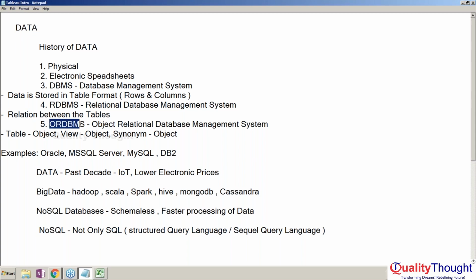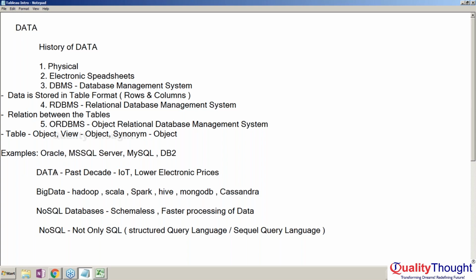Then they introduced the object relational database management system, where they identified a table as an object, a view as an object, a synonym as an object, a stored procedure as an object, and they made a relation between the objects. Examples of these database management systems are Oracle, MS SQL Server, MySQL, DB2, etc.